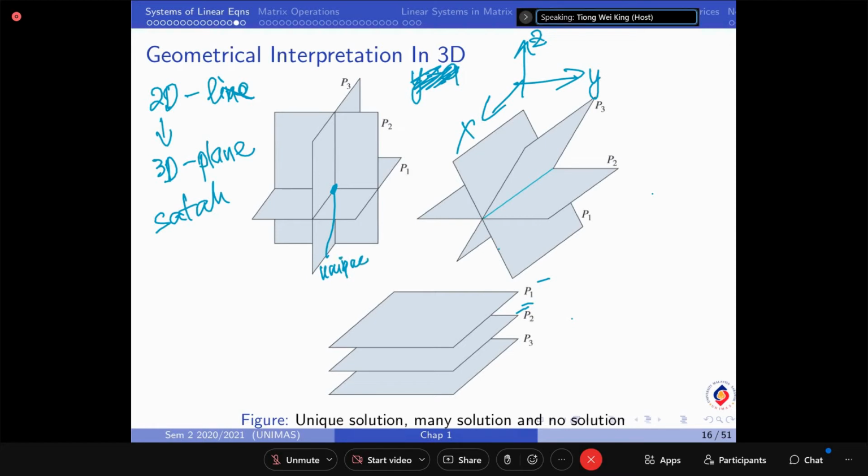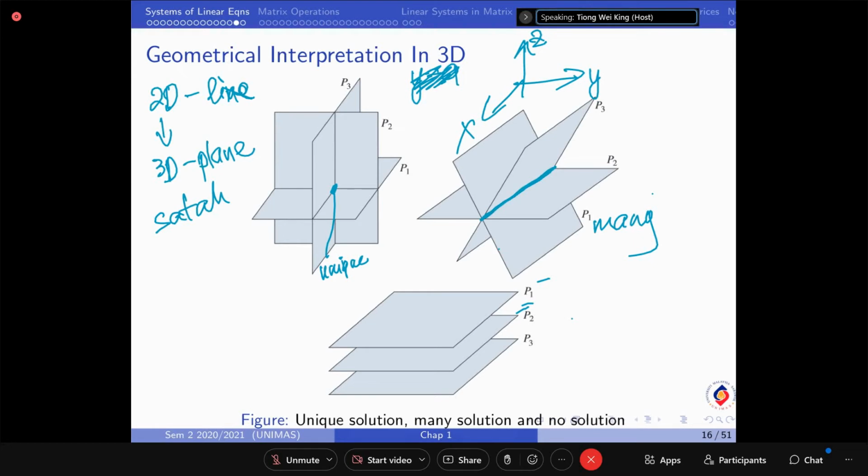It doesn't matter how big your plane is. For all the 3 planes, you can only have one intersection point. So then this is a unique solution. If many solutions, like the second case, then we have one intersection line.